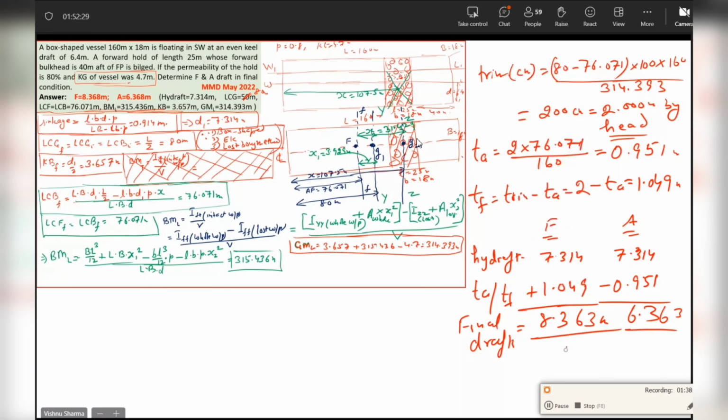So is it 8.363? Have I written wrong in the answer? I have written 8.368. Yes, 364, 363, same, sir. Then that means maybe I have made a mistake in adding or subtracting. So that is subject to correction. You can check, and if there are no errors, then it's okay.